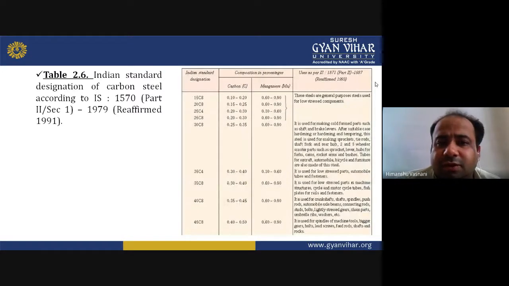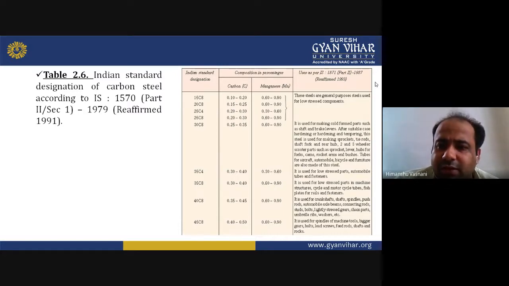Then you can see that there are also standards that are general purpose steels used for low stressed components. Then you can see 30C8, which has tremendous application as shift and brake levers, sprockets, tie rods, rear hubs, and two and three wheeler scooter parts such as sprocket, lever, and hubs for forks.